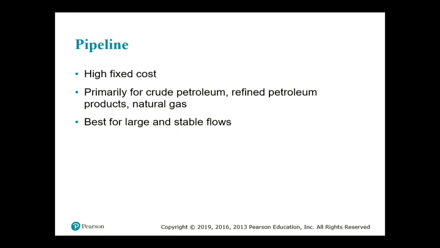As a result, pipeline is often only used for not only large flow, but also stable flow. Large flow is needed to justify the high fixed cost, and the stable flow is to make sure that whatever capacity is built is highly utilized.